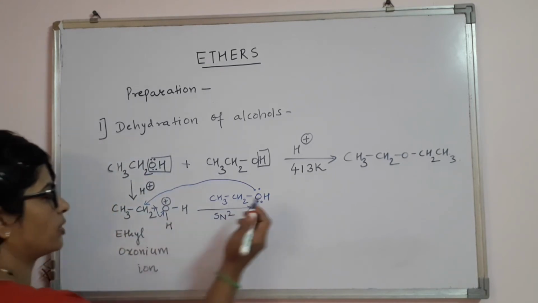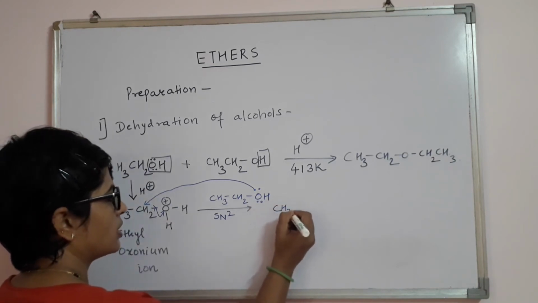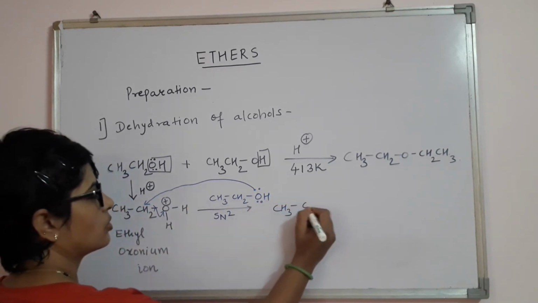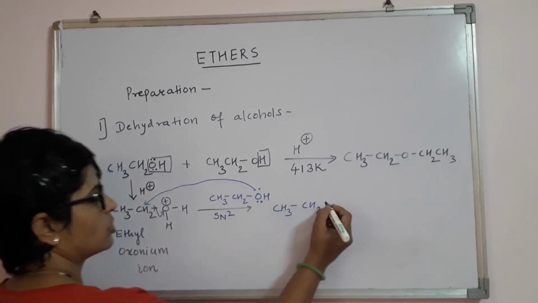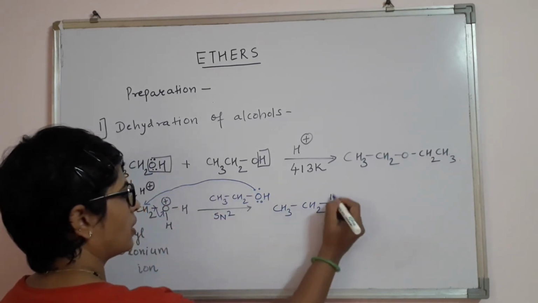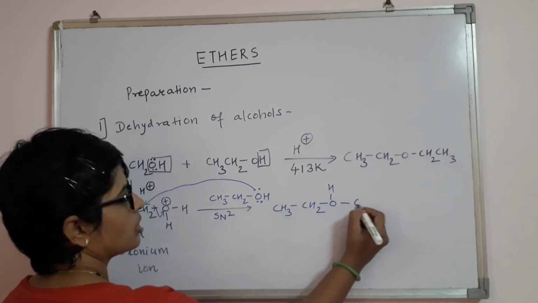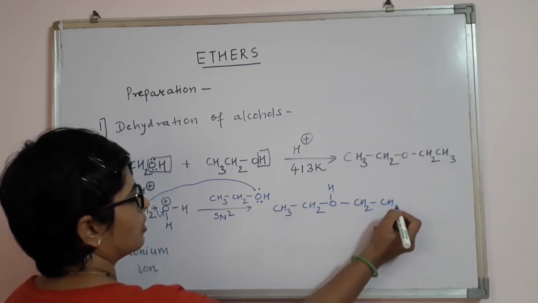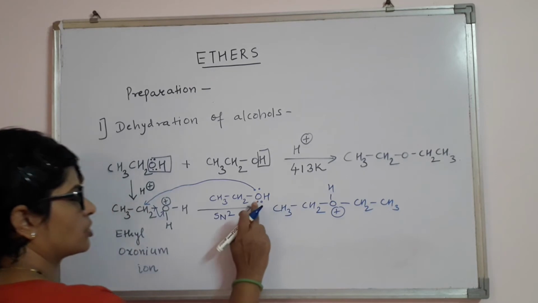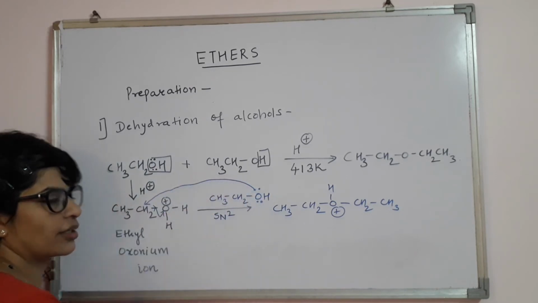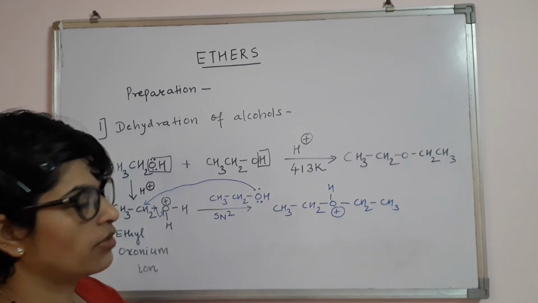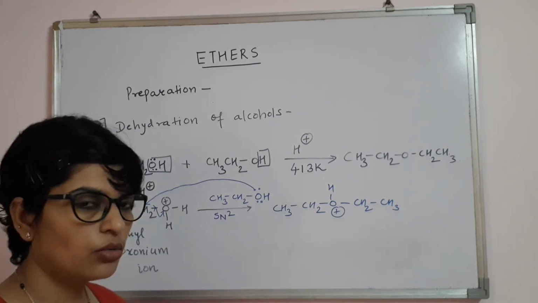Now what will happen here? We will get CH3CH2, and the oxygen atom has connected, hydrogen is still attached, and CH2CH3 can be written like that with a positive sign, because the oxygen has made a coordinate bond. It has lost its electron pair, so a positive sign will be coming over here. Now it's simple.